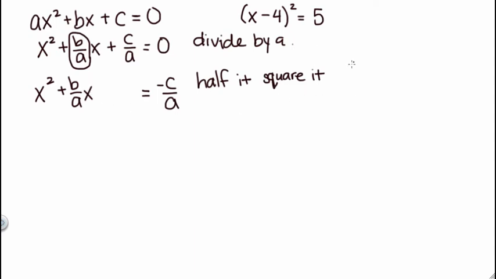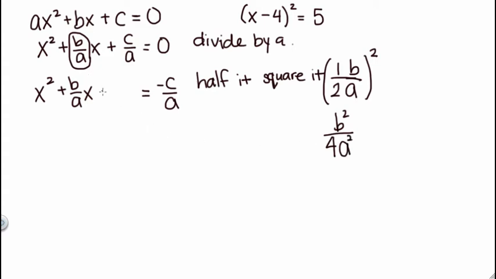And so let me talk on the side. So b over a, halving it is the same thing as multiplying by 1/2. And then we square it. So we get b squared up top, and then 2 squared is 4, and then we have a squared.